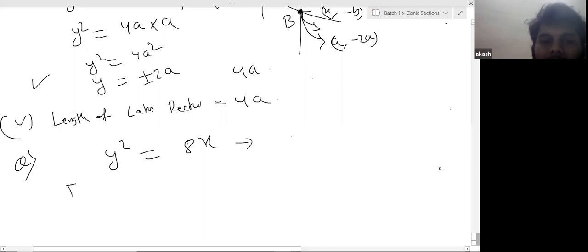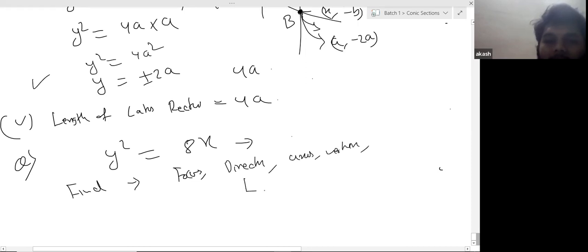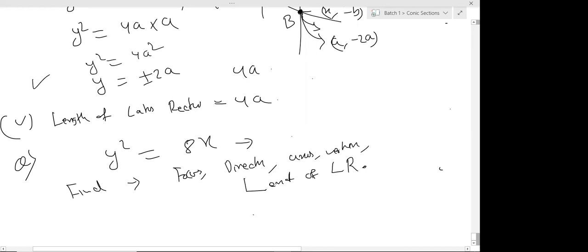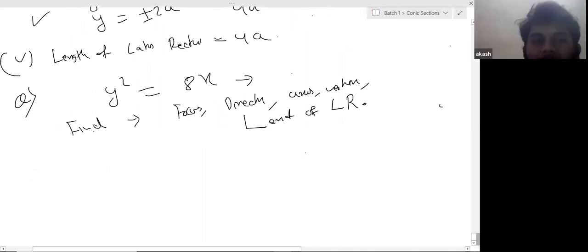Find focus, directrix, axis, vertex, and length of LR. So could you solve this question and then give us the same type of questions?